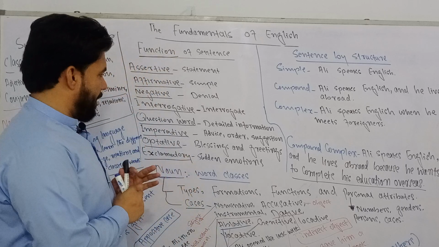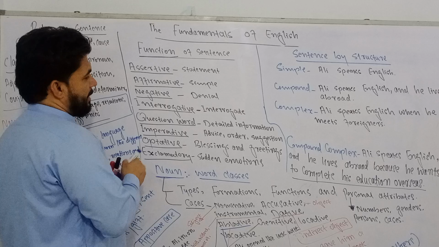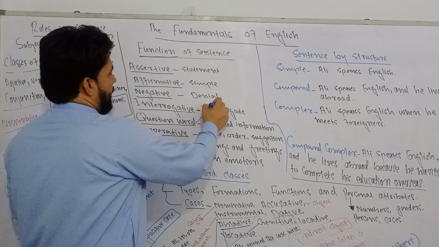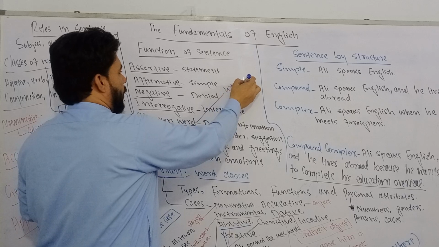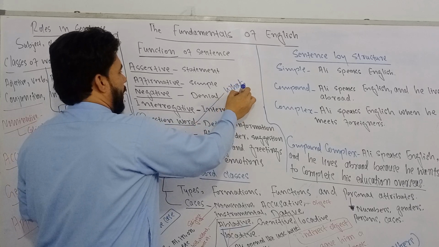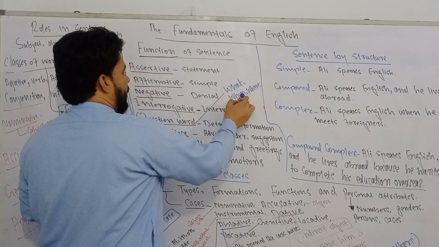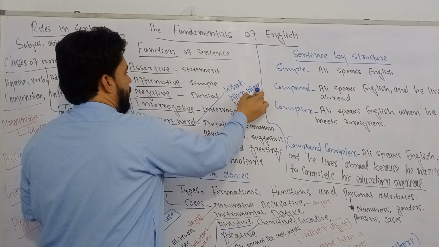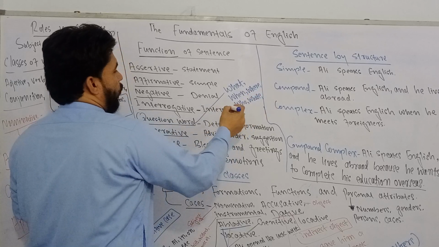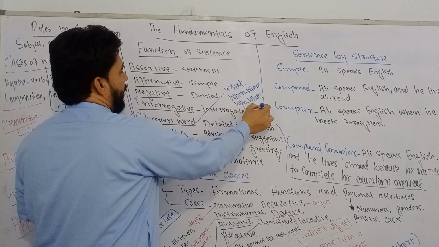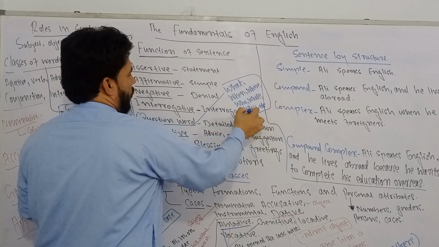But if I make a question word sentence, now question word sentences are sentences that are formed with WH words, like what, and then we have when, where, who, whose, why, etc. We have all these different question words.